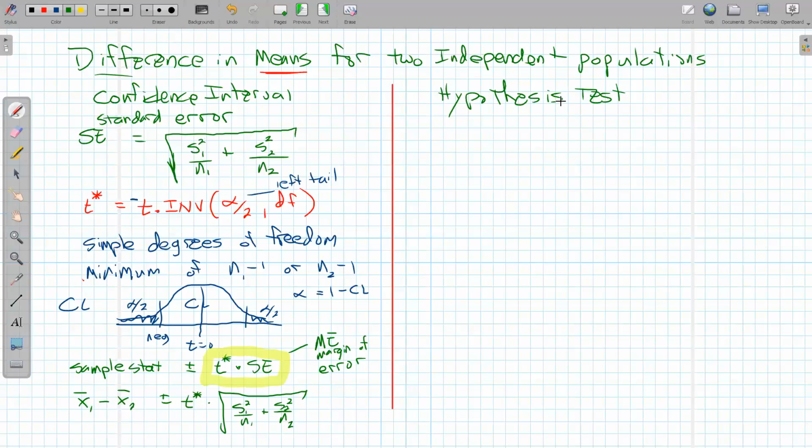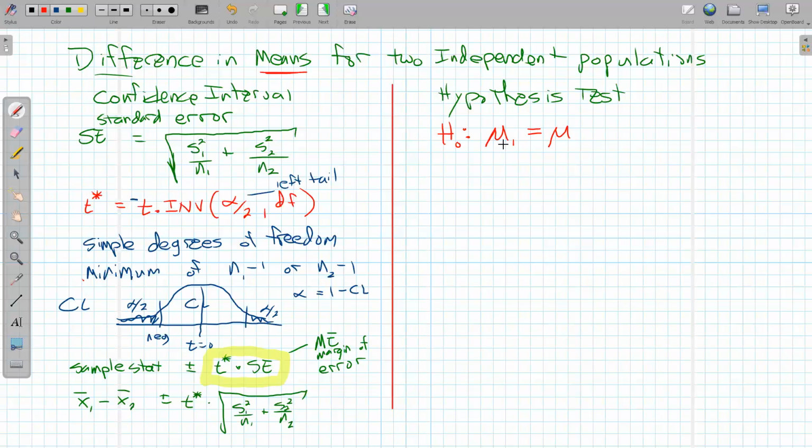Hypothesis test isn't too different. For a hypothesis test, we need a null hypothesis because we need the null value for that. So the hypothesis test, typically we're going to say that there isn't a difference in means, right? We're going to say that they're equal to each other.